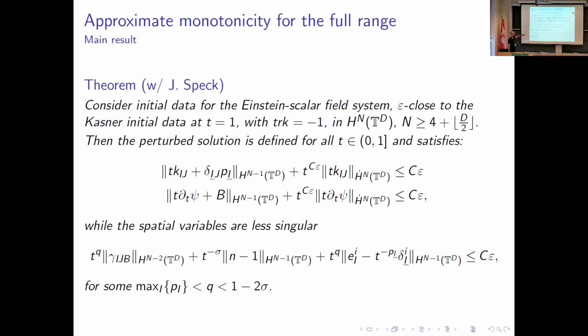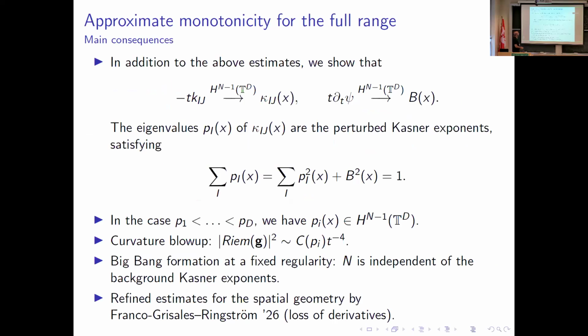To get the spatial geometry that Hans talked about, you need to lose more. But at least for the Kasner exponents, for example, when they're distinct, you know that they're going to be as regular as the space where you have optimal estimates for the renormalized second fundamental form. You have blow up of curvature, all the good things that all the previous results had, but now you have it for almost top order.